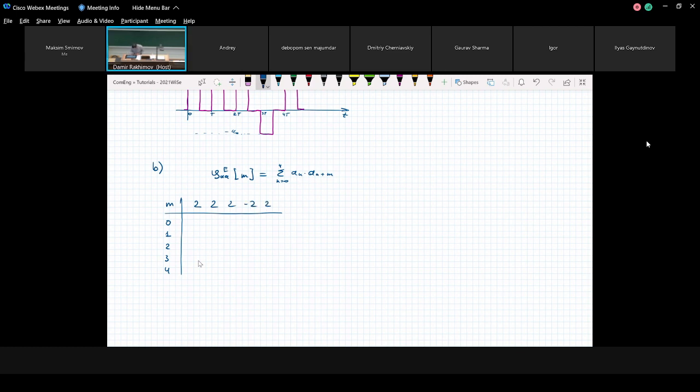What we need to calculate is this discrete time autocorrelation as a function of m. When we have a shift by 0, just the same sequence, we multiply these two sequences element-wise and calculate the summation. We have 4 plus 4 plus 4 plus 4, 5 times, so the result will be equal to 20.